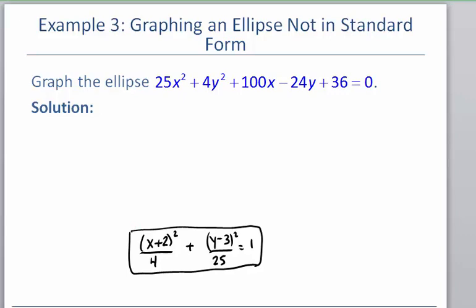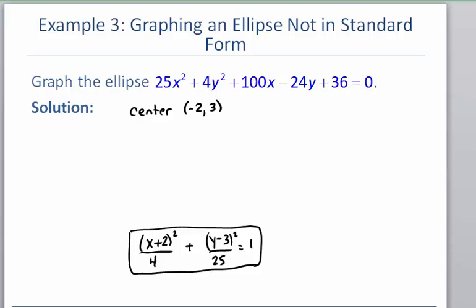Okay, so remember that for the center, you're going to do the opposite of the numbers that you see. So if I have a plus 2 right here, it's going to go in as a minus 2 in the center. And a minus 3 is going to go in as a positive 3. So we'll have a center at negative 2, positive 3.